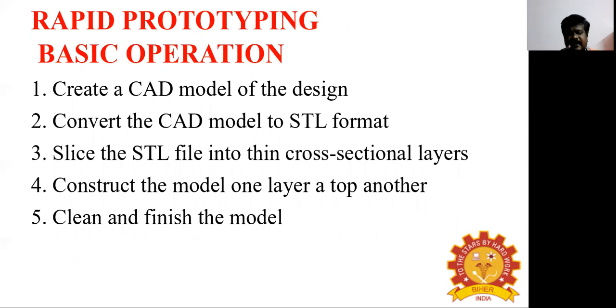It means we create the computer aided design CAD model of what we are going to make. It can be a gear, shaft, piston. So any type of RP model, it can be related to medical applications, electronics, aeronautical, dental, dentistry.